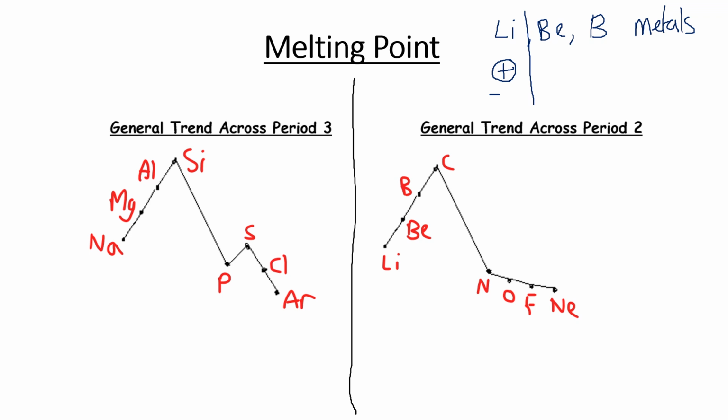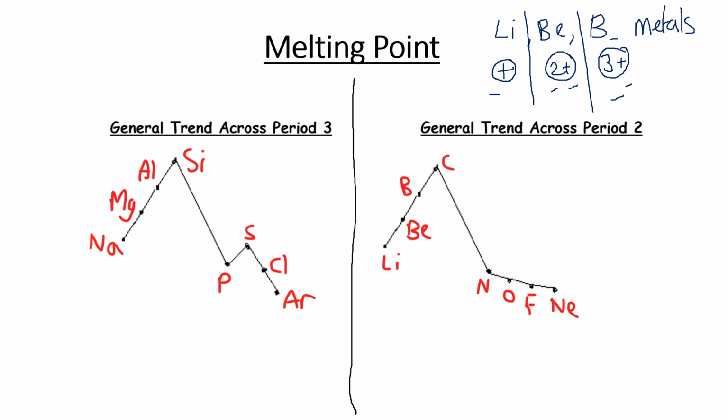Whereas for beryllium it forms 2+ ions, and you'd have 2 delocalized electrons for every 2+ ion. Whereas for boron you'd form 3+ ions, and you'd have 3 delocalized electrons for every 3+ ion. So the strength of the metallic bonding increases, and hence the melting point increases.